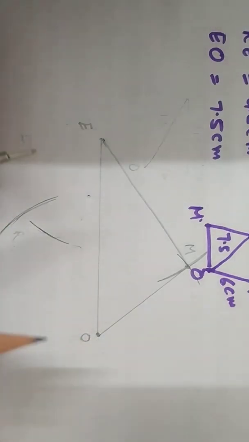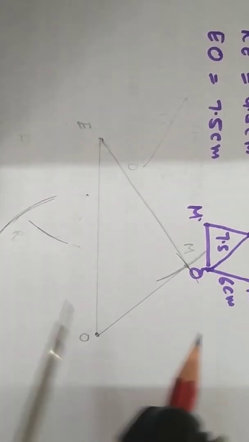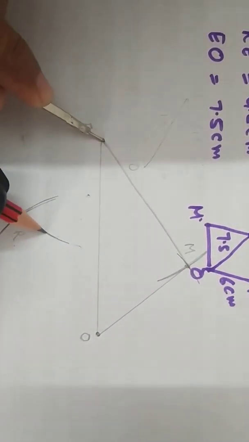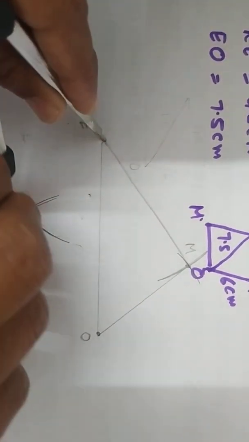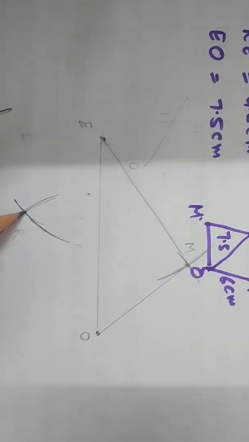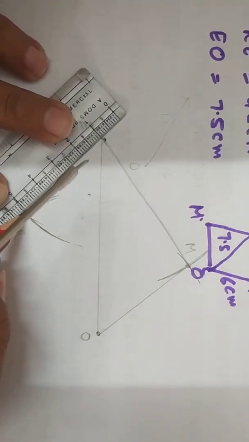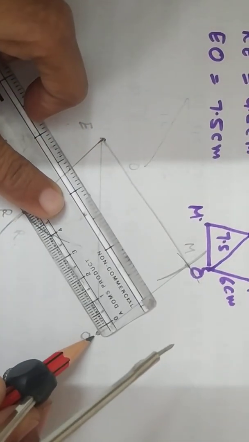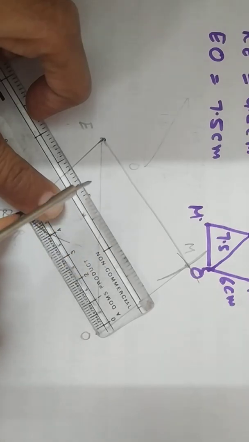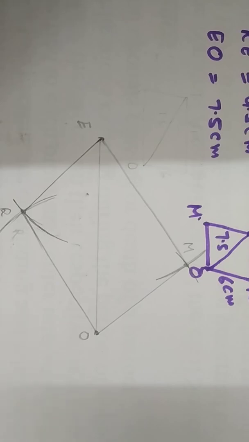Now it is not intersecting the previous arc. I have to increase the previous arc length, so let me draw it again. I have made the previous arc a little bigger. And now they are intersecting at point R. This point of intersection is R. Now you can join ER and OR. So this is how we will construct parallelogram MORE.